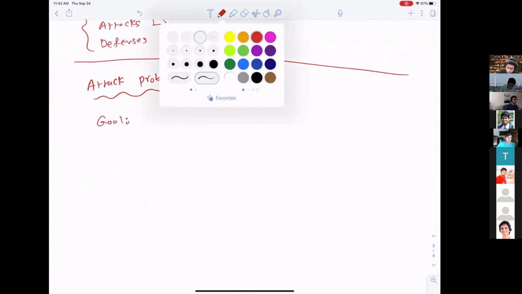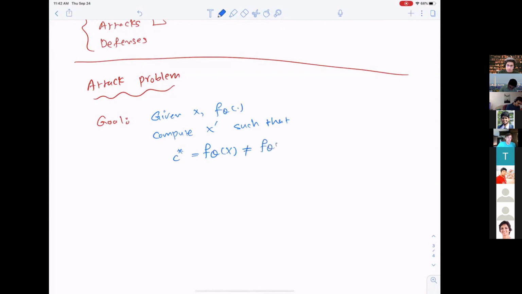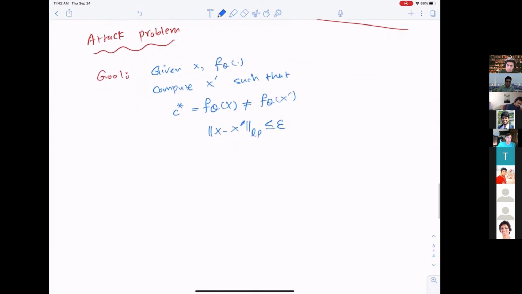Here we are given a classifier and we are given an input X. I want to compute an adversarial example, X prime, such that the label I'm predicting for X, the true label, let's call it C star, is different from the label I'm predicting on X prime. And let's say I'm looking at the LP threat models and I want my X prime to be within an epsilon LP ball around my X. So that's my goal in the attack problem.